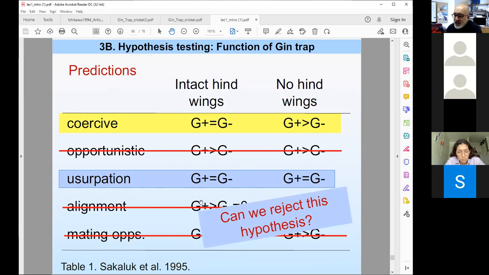In order to test this hypothesis, you would have to look at mating success in the presence and absence of rival males, right? Are rival males able to knock the female off with and without the gin trap? That's not been tested in this experiment. So this hypothesis is still potentially valid, and you'd have to do a follow-up experiment to reject it outright.